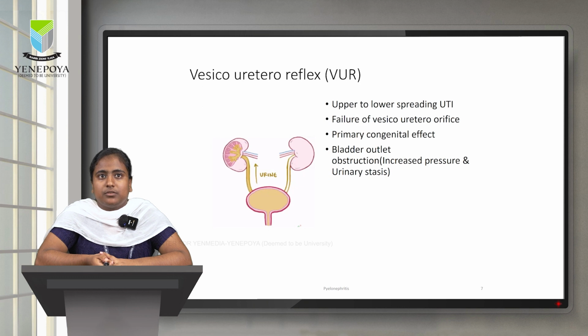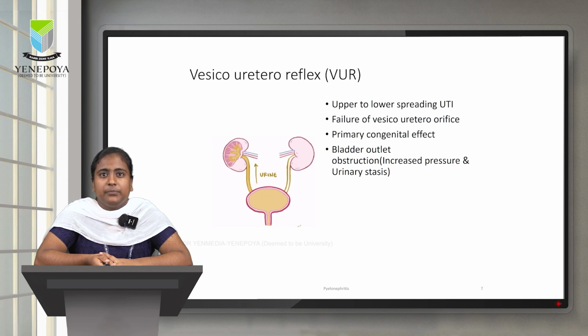So what is vesico-ureteric reflux? In that, infection will spread from lower to upper, due to failure of the vesico-ureteric orifice. So in some conditions, urine will backflow to the kidney.